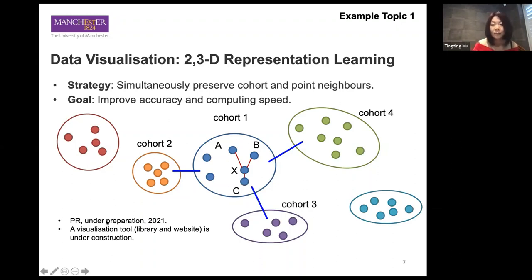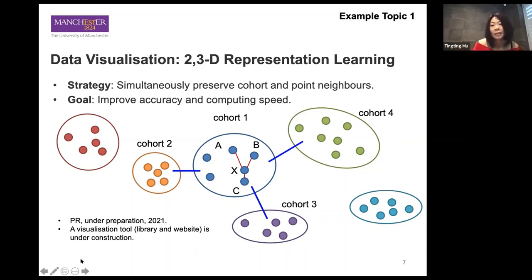The idea here is very simple. You have a point X, you have A, B, C as its neighbors, and you have data cohort 1, and then data cohorts 2, 3, 4 as its neighboring cohorts. You want to preserve this neighboring relationship between points and between cohorts in the new space.